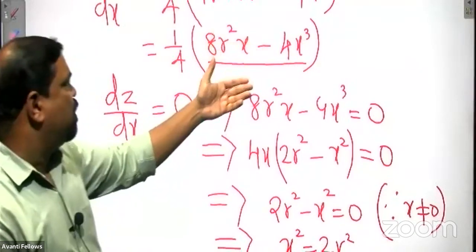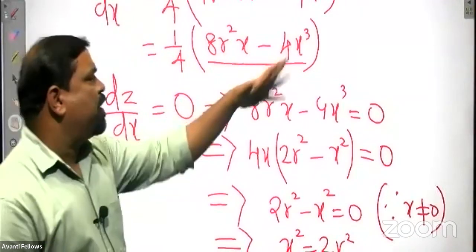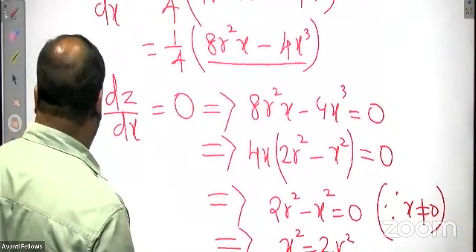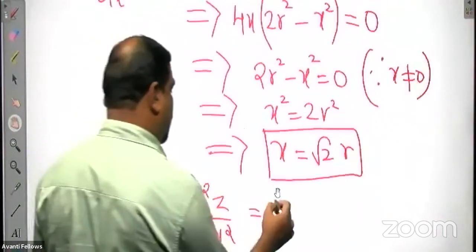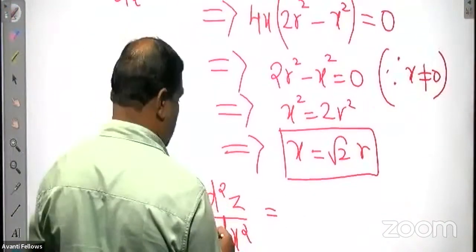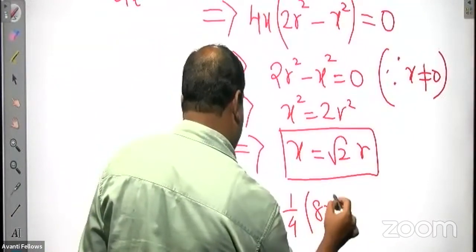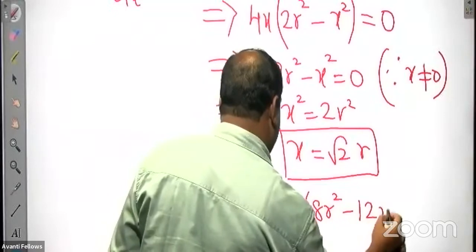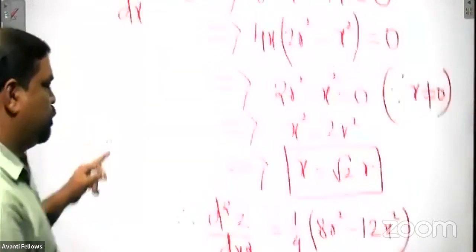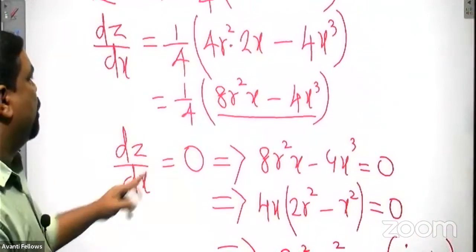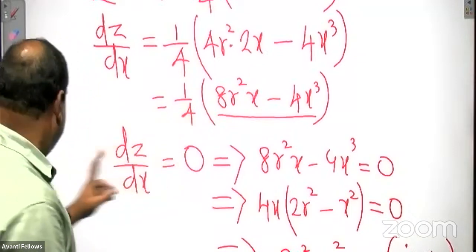Again differentiating, you will get 1 by 4 into 8r square minus 12x square.